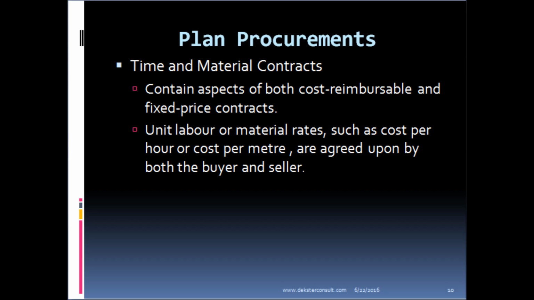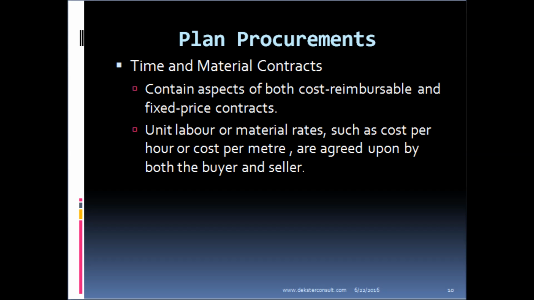The third group of contracts is referred to as time and material contracts. And these contain aspects of both the cost reimbursable and the fixed price contracts.